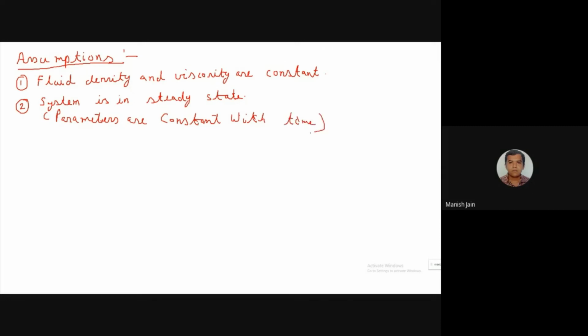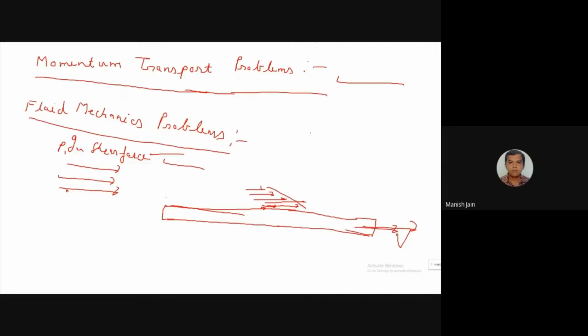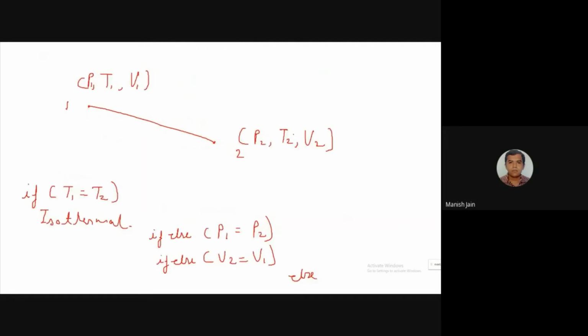Now why is it an important condition, and why are we taking this? Suppose you have two large tanks. The capacity of each tank is 50,000 meter cube.